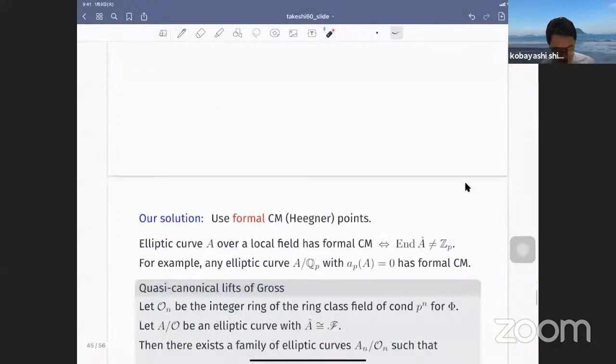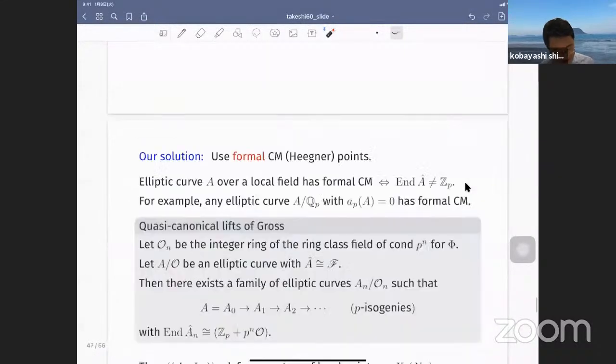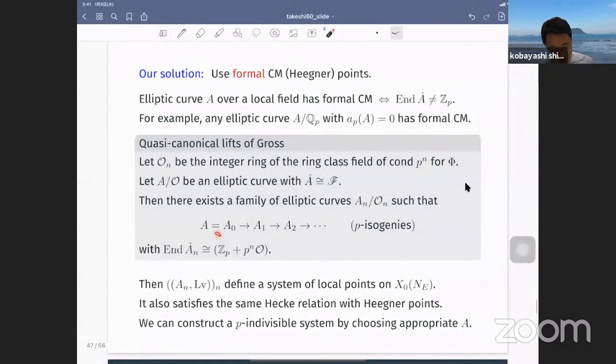And this is purely a local object, so it is easier to treat. For example, the modular parameterization is étale except at finitely many points. So at most points, locally this is an isomorphism.